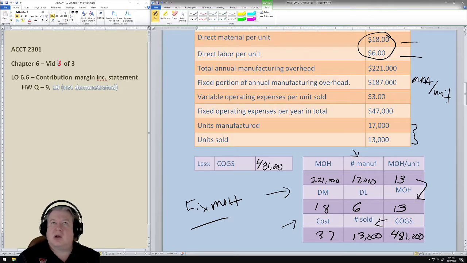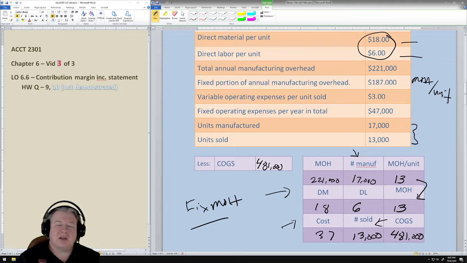Now, you think, well, do we gain or lose anything? No, it's mostly a timing issue. All of those costs will roll through. In other words, things that you manufacture, you don't necessarily sell in the same month. But at some point, you will sell more or less, and it will all even out over time.